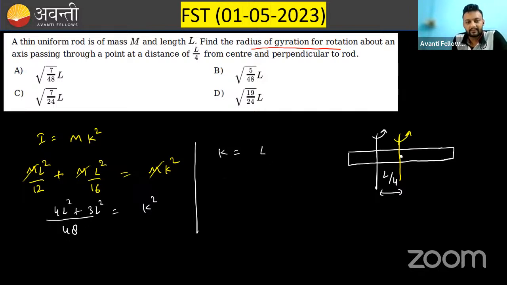So L can be taken out from under the root, and this is root of 7 by 48. This is going to be the answer. So the correct answer would be L root 7 by 48. That is option number A. Is the question clear?